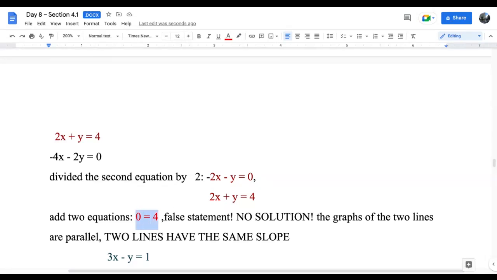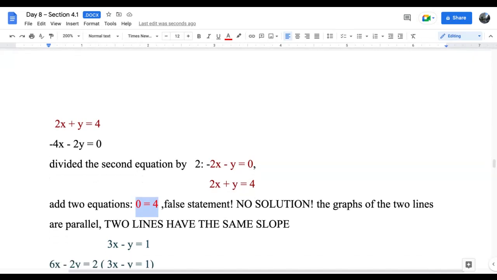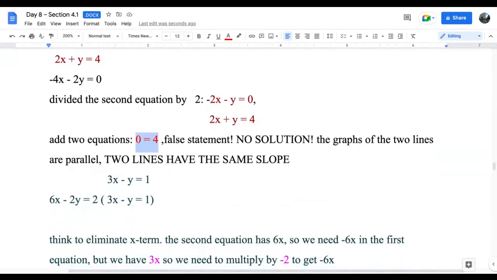What does this mean? 0 will never be 4. So it's a false statement. A false statement says those two lines are parallel. No solution. They will never intersect. If you try to find the slope, they have the same slope.